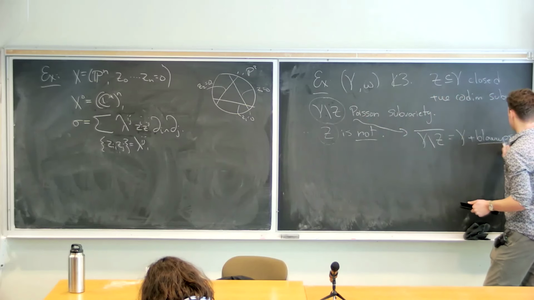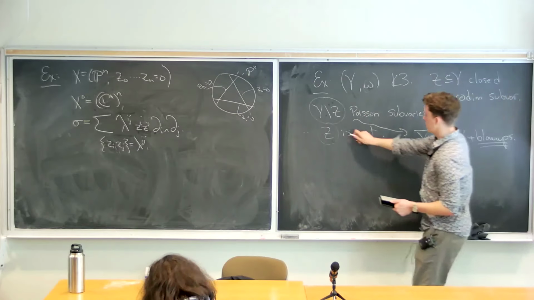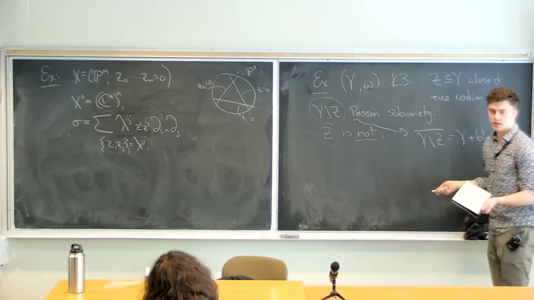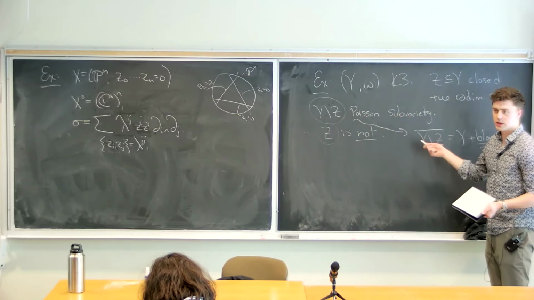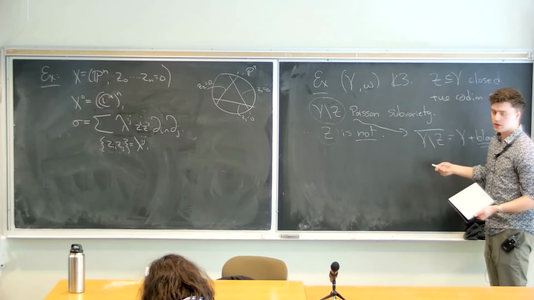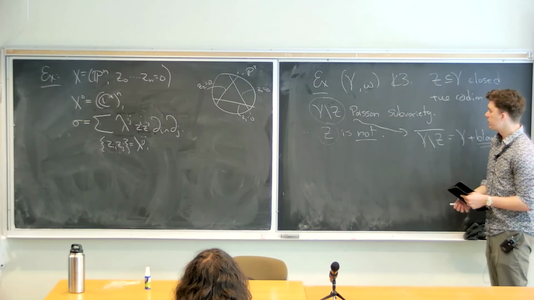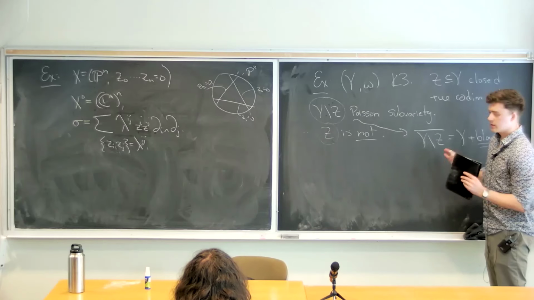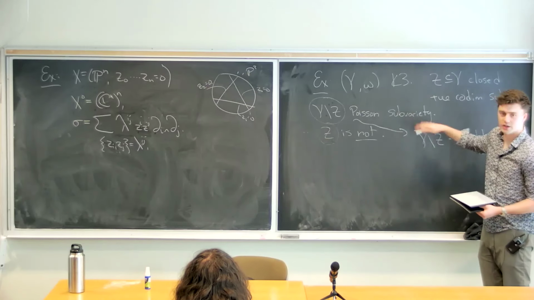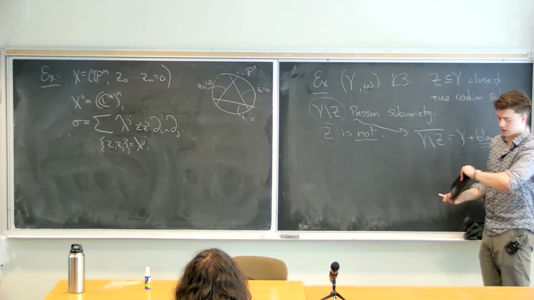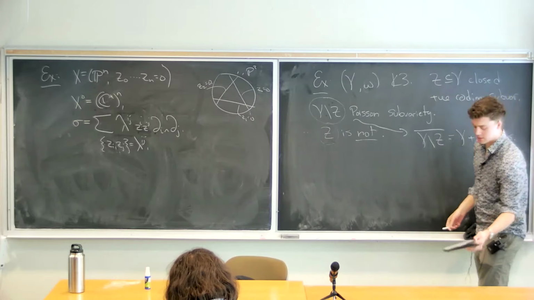And these blowups, the exceptional divisors won't be Poisson, and this Z that we add back in isn't going to be Poisson. So none of the possible compactifications of this thing are going to make the boundary divisor a Poisson ideal, or a Poisson subvariety. So that's okay. There are a lot of cases where you can actually do this. And I guess maybe now we'll break for 10 minutes.